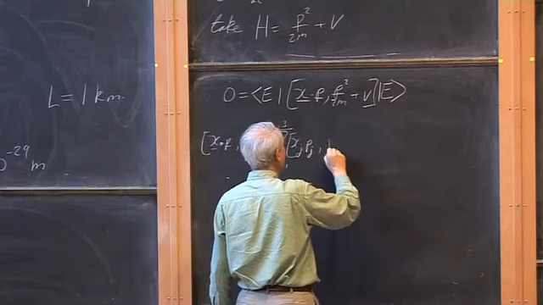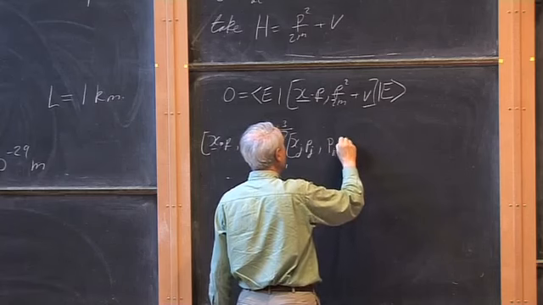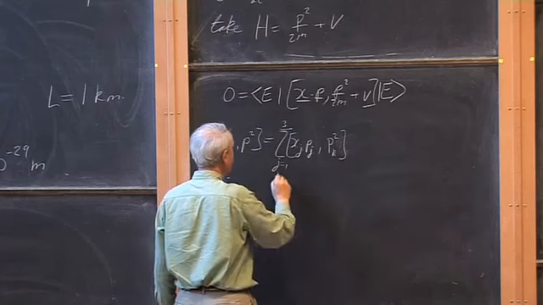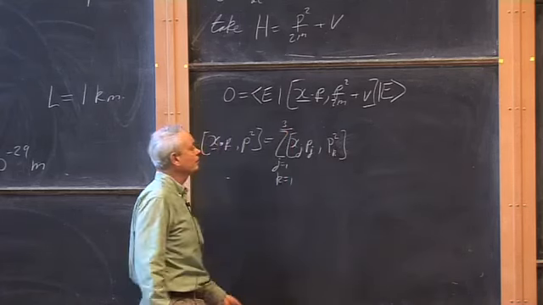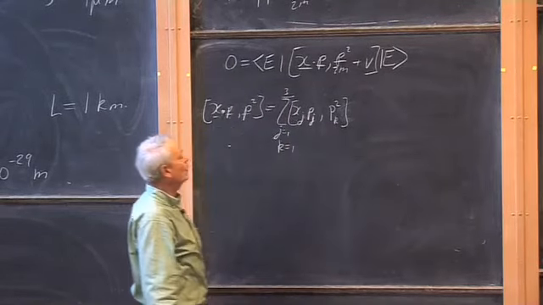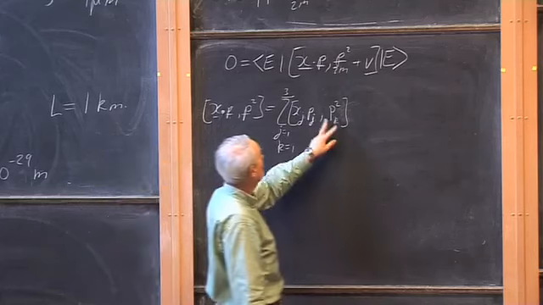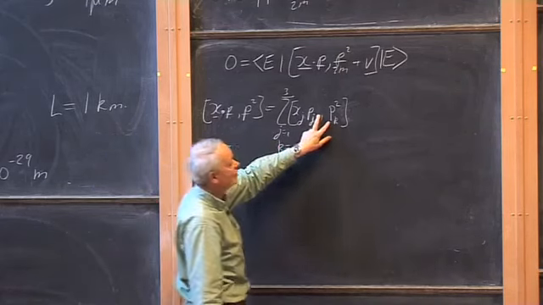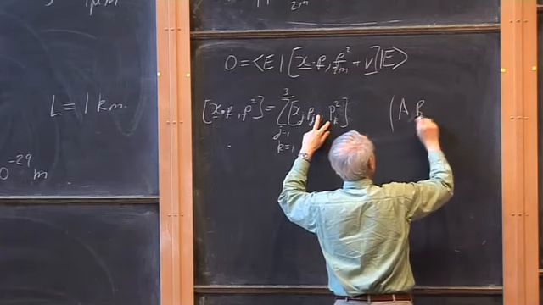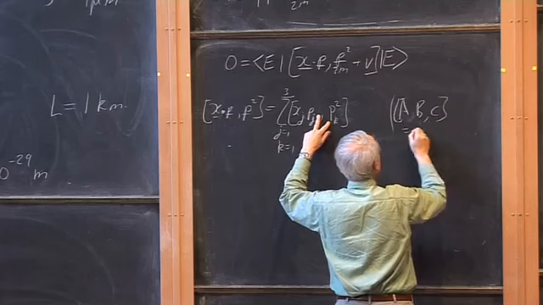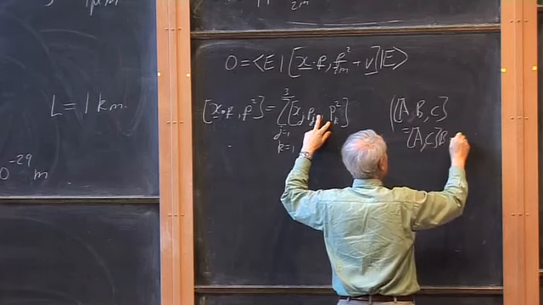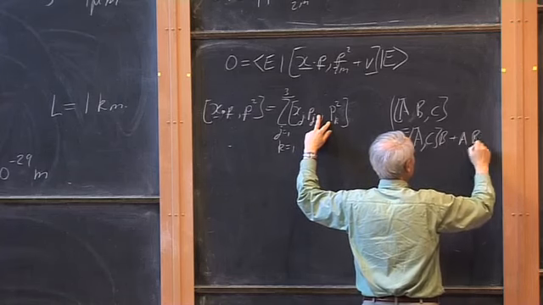And now I have a sum over k of p_k squared, so now I'm summing over k as well. P squared is px squared plus py squared plus pz squared. Now we can work this out using our rules for a commutator. We had that rule that the commutator of ab comma c was equal to a comma c b plus a b comma c.